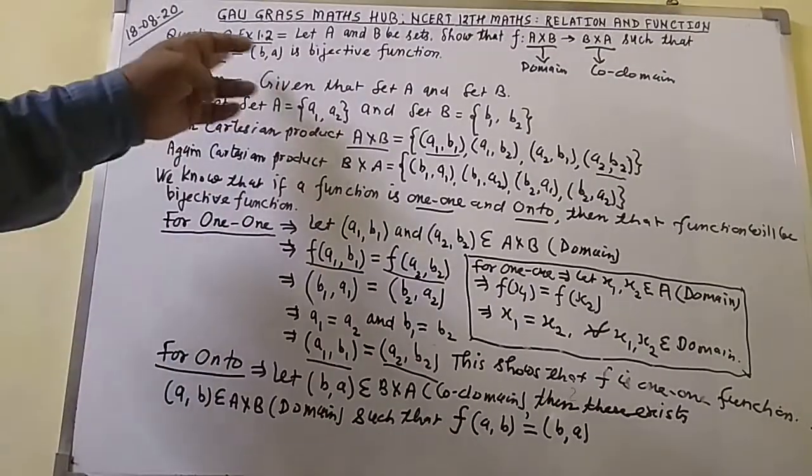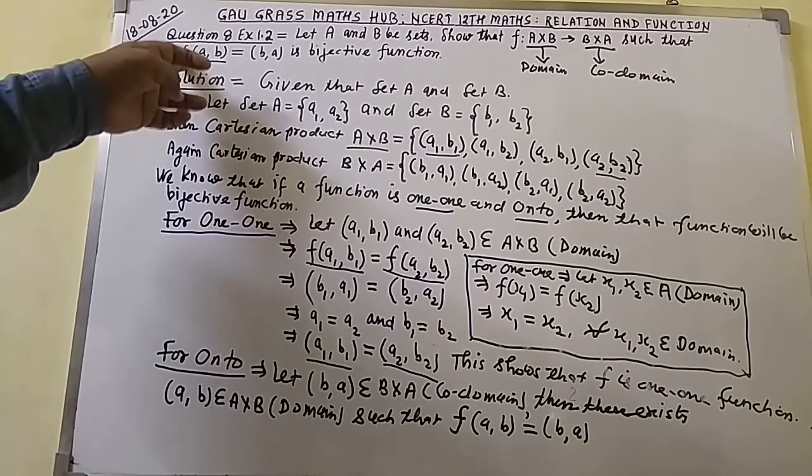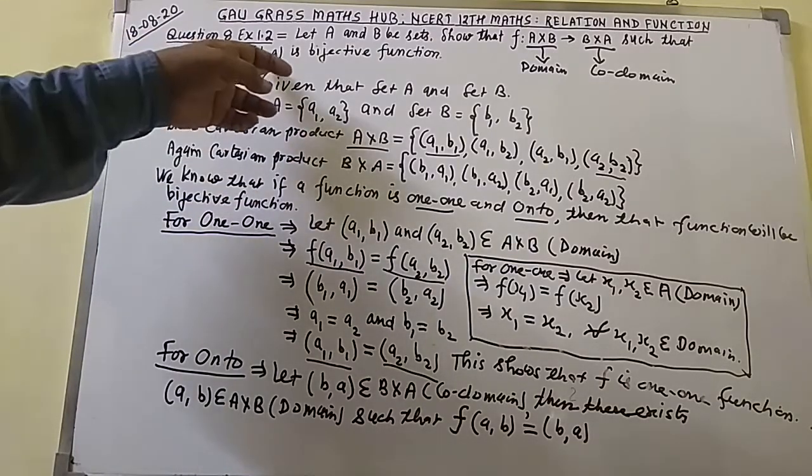This is by definition. You can see here f of a, b equal to ordered pair b, a. So here you can write by definition.